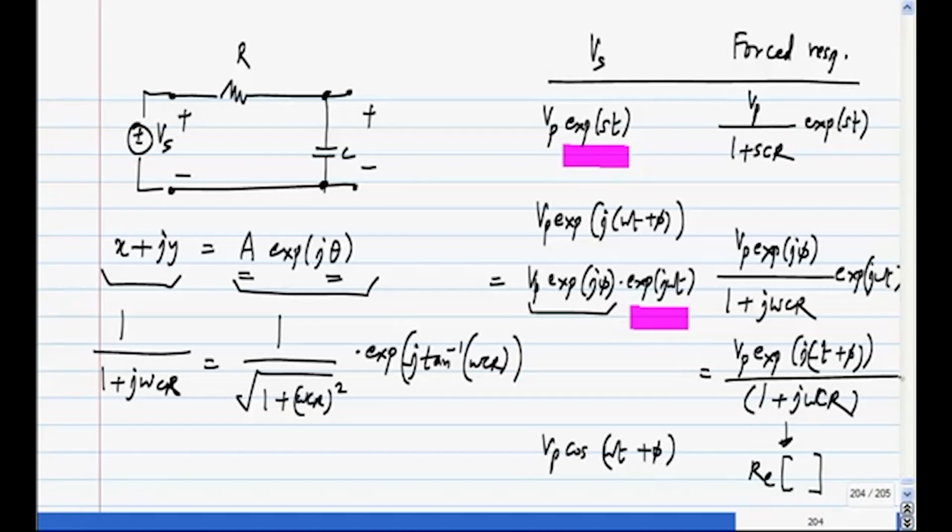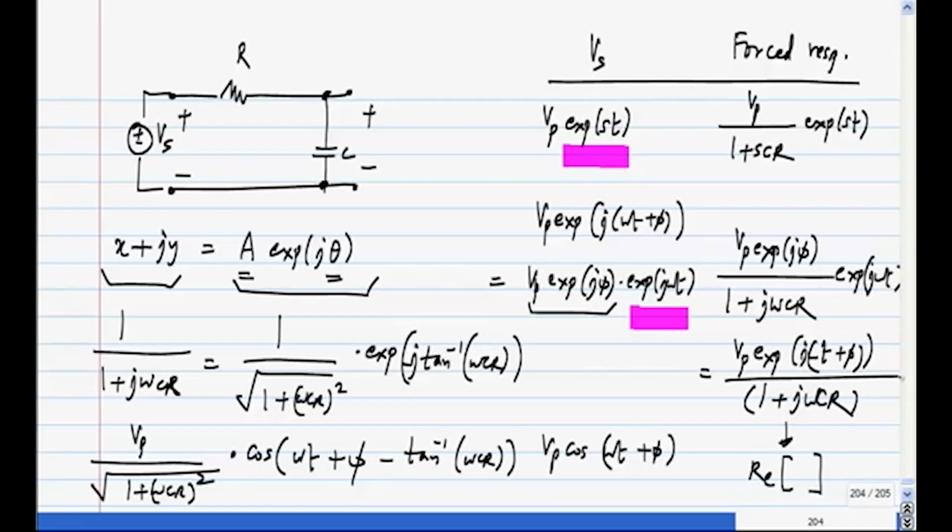There are so many ways of doing it, or you could rationalize so that you get a real denominator and a complex numerator, and so on. Finally, the response turns out to be Vp by square root of 1 plus (omega CR) squared, times cos(omega t plus phi minus tan inverse omega CR).